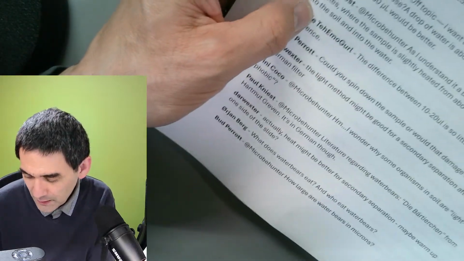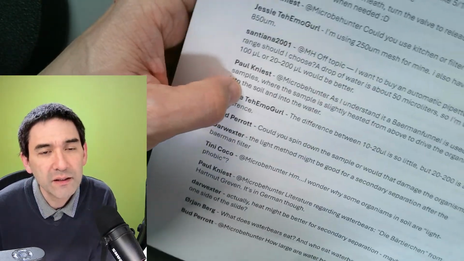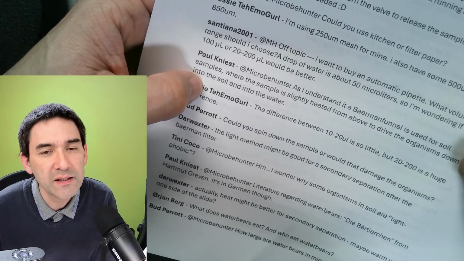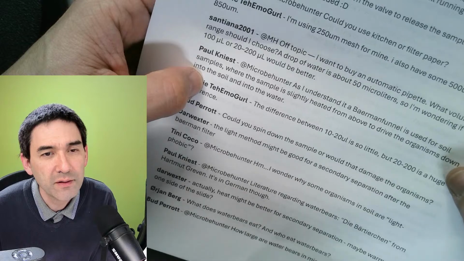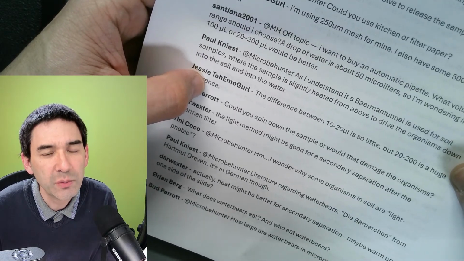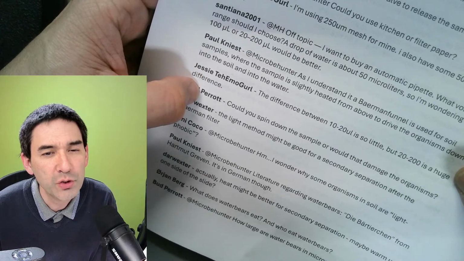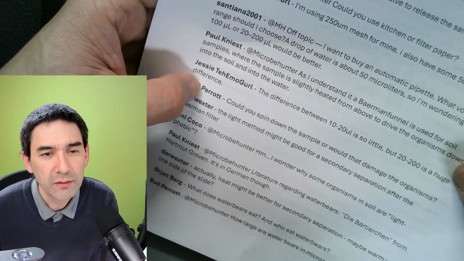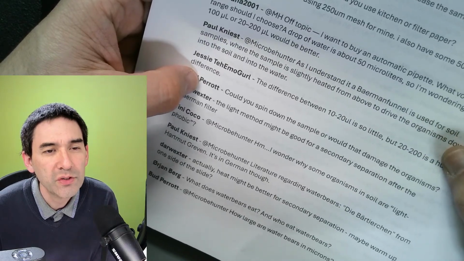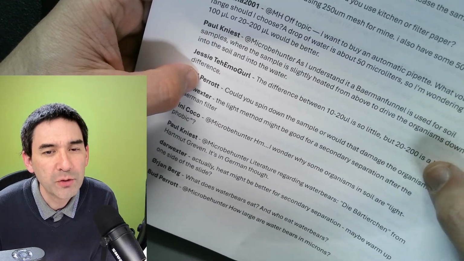Yeah, as I understand, a Baermann funnel is used for soil. Yes, I talked about this. The difference between 10 to 20 microliters is so little, but 20 to 200 milliliters is a huge difference. That's correct. Could you spin down the sample, or would that damage the organisms?